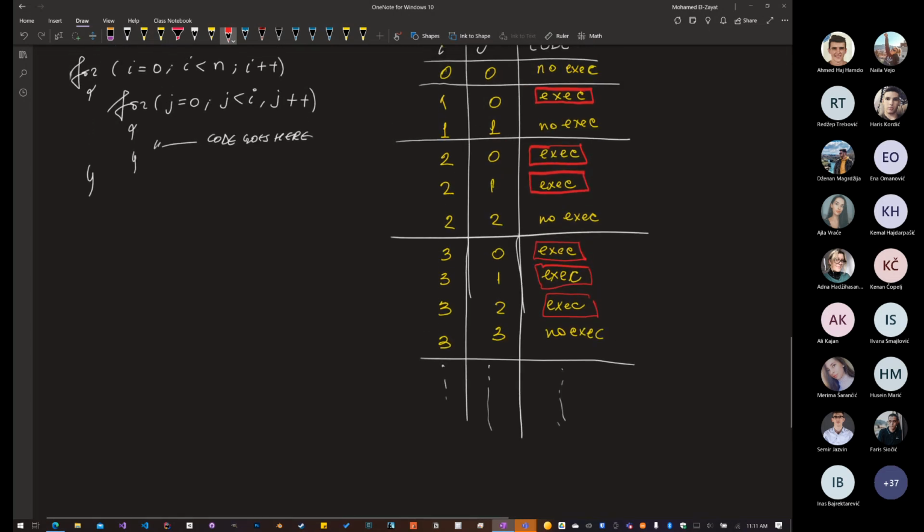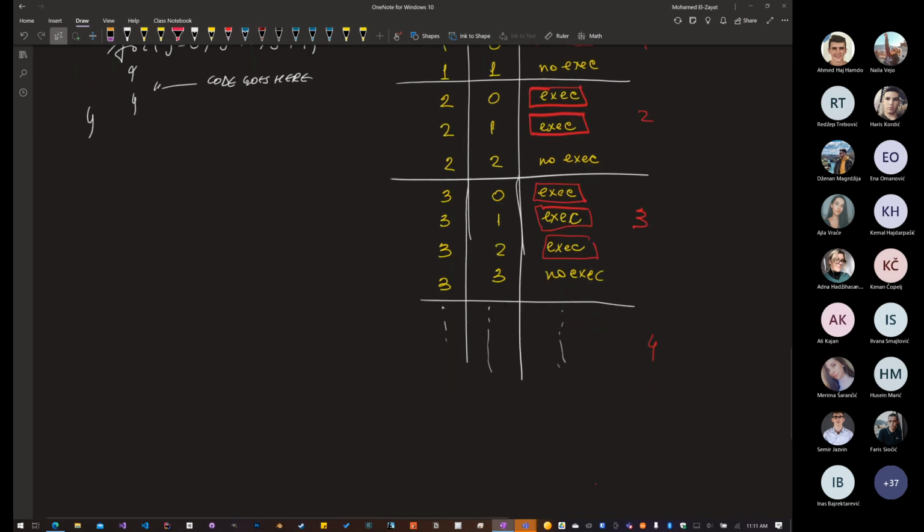So when you start to sum up how many times this is being executed, this is 1 plus 2 plus 3, plus 4. Basically, what you do is simply say this function f of n is equal to 1 plus 2 plus 3 plus 4 plus n, right?